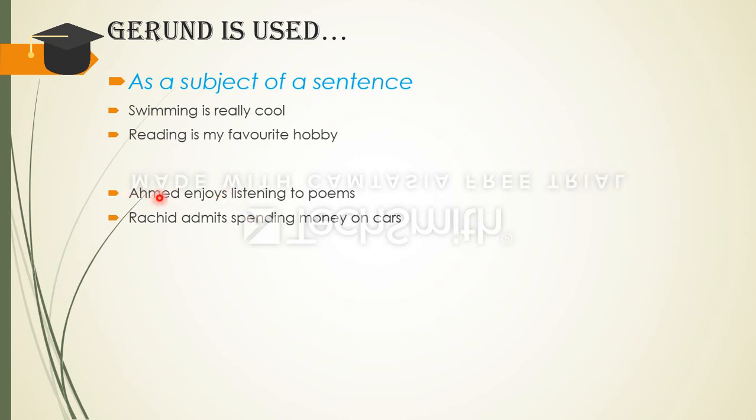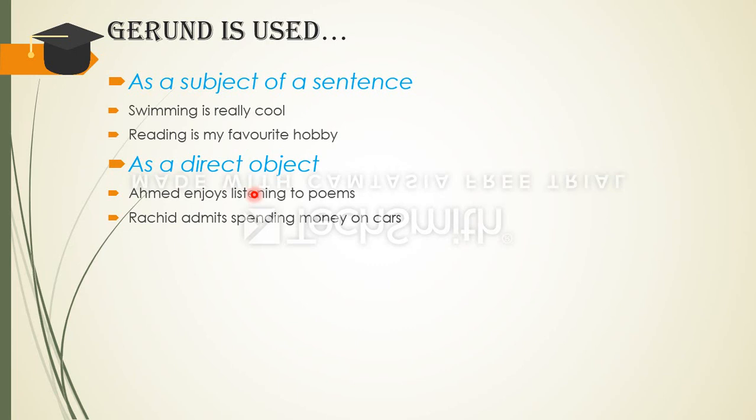Let's speak a little bit about the parts of these two sentences. Ahmed is the subject, enjoys is the verb, and enjoys what? Listening. So here the gerund comes as an object of the sentence, in fact a direct object.